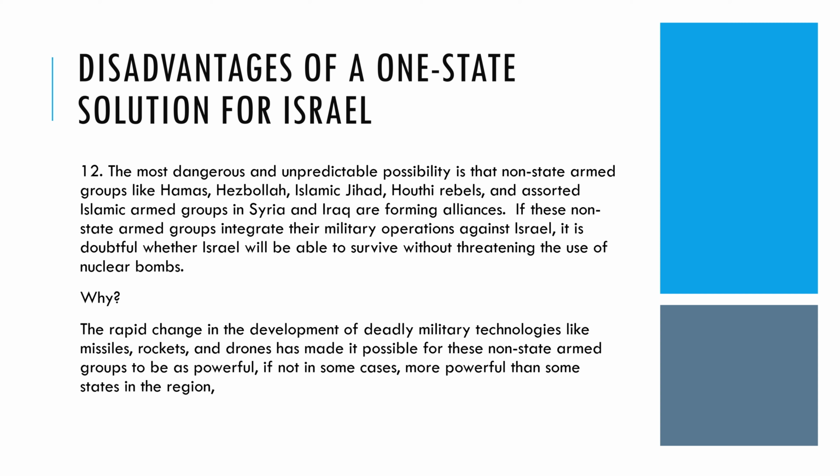Why? The rapid change in the development of deadly military technologies like missiles, rockets, and drones has made it possible for these non-state armed groups to be as powerful, if not in some cases more powerful than some states in the region.